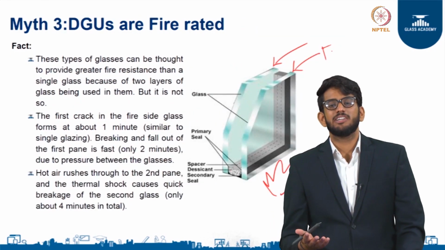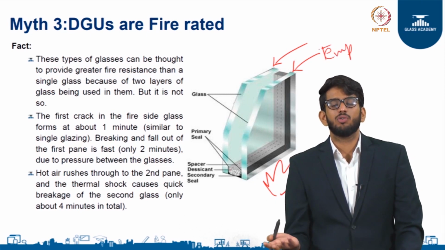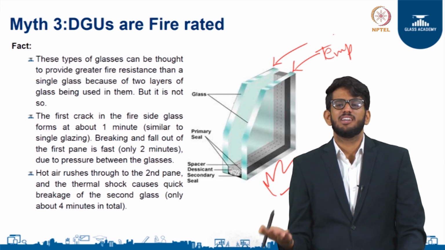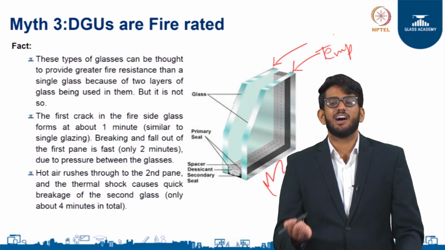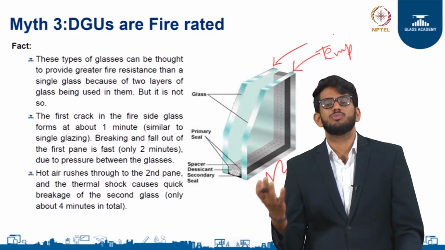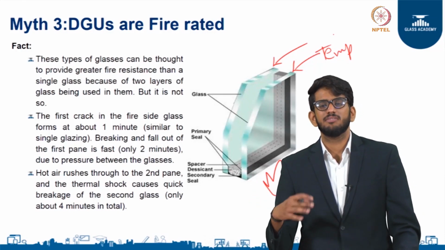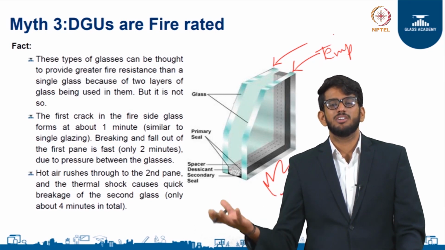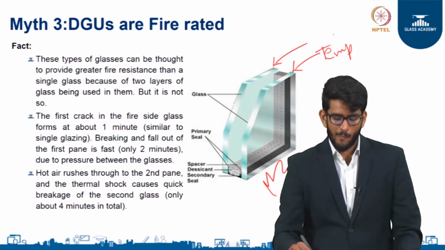We know for sure that if it is a low toughening stress, the glass will break at a temperature differential of 100 degrees, and if it is a high toughening stress, then the glass will break at a temperature differential of 200 to 300 degrees. So let us give it some leeway, and let us say that it would break within 4 minutes into the fire.